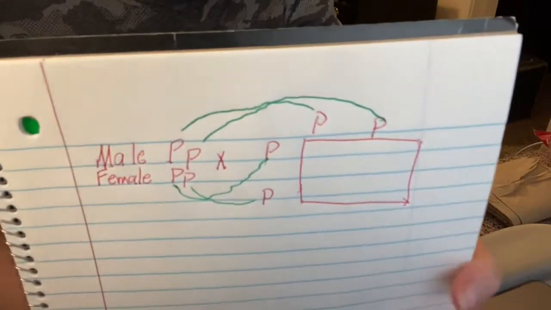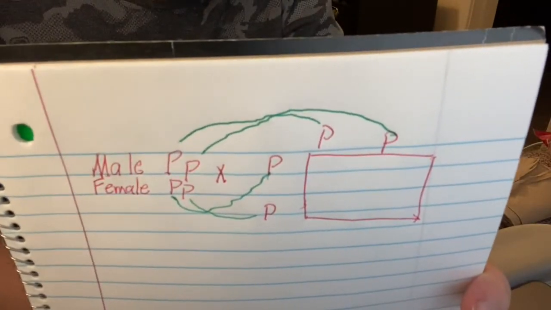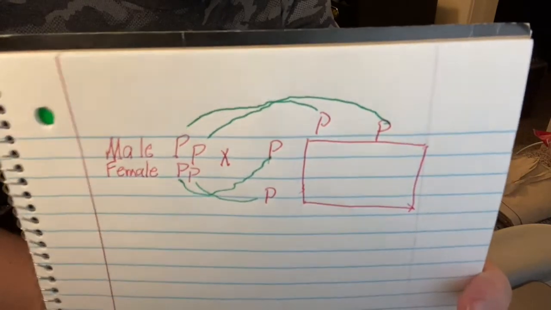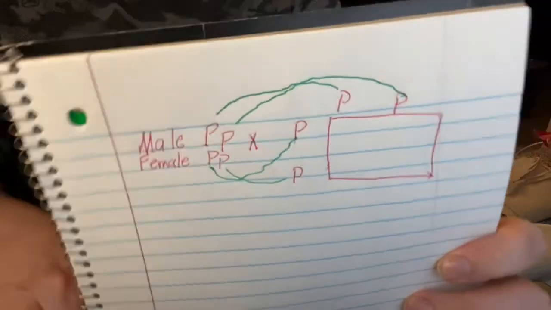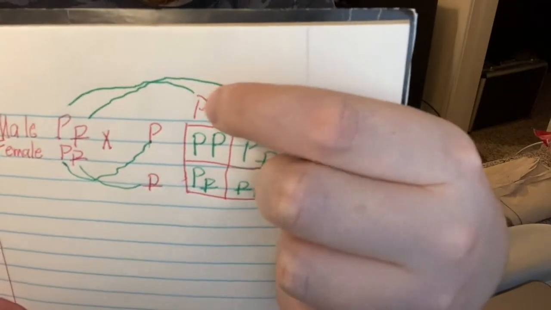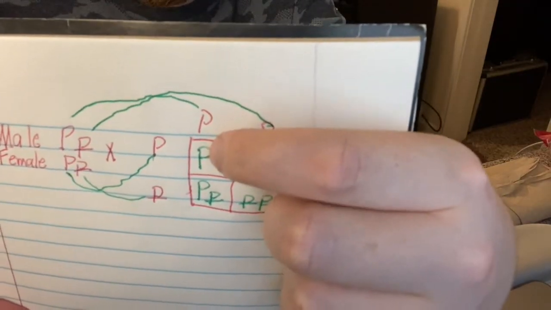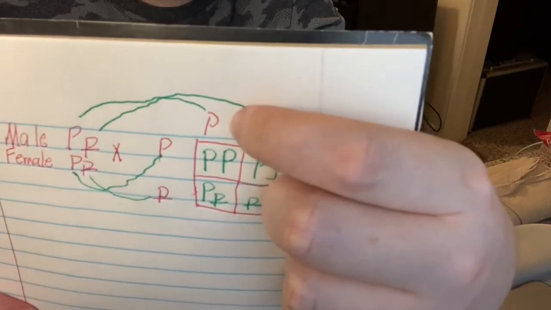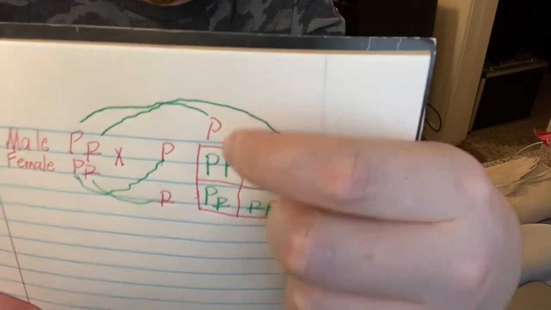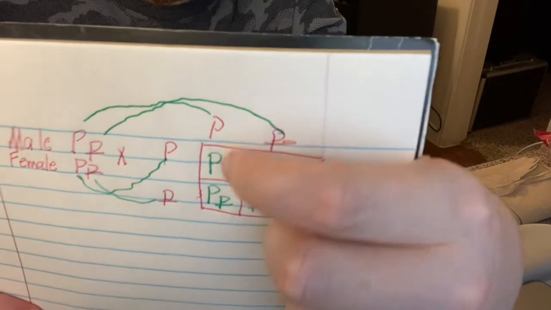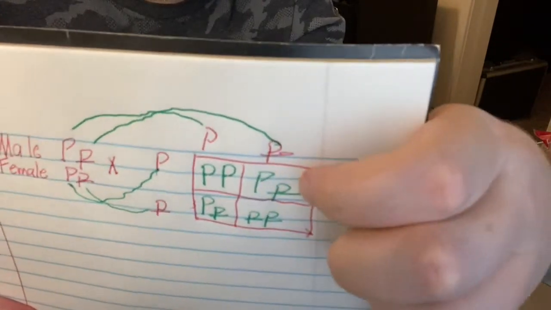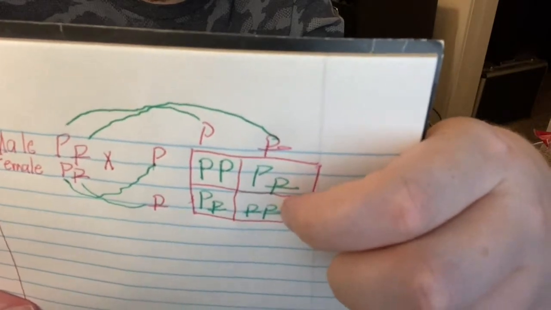First, what you're going to do is separate the alleles, like so. And then follow each individual gamete across the table. Okay, so big P comes down, and big P comes down. Little p comes down, little p comes down.